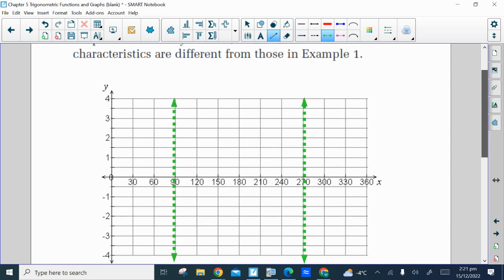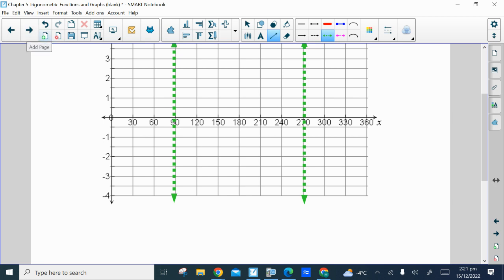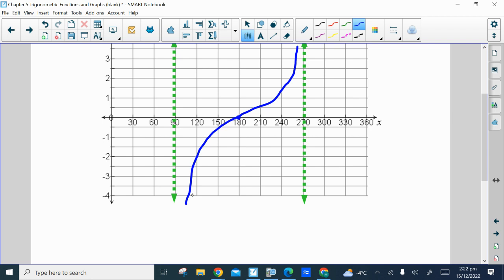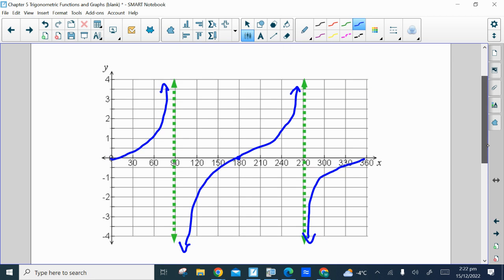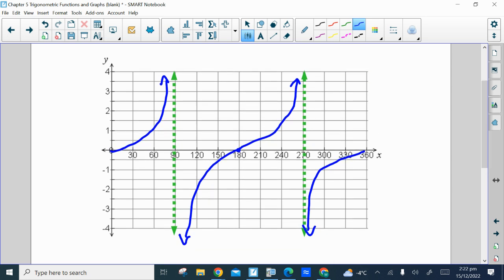Remember, between those first two asymptotes is where we had one full cycle of the graph with an x-intercept at pi radians or 180 degrees. So there's the graph if we were doing this in terms of degrees instead of radians.